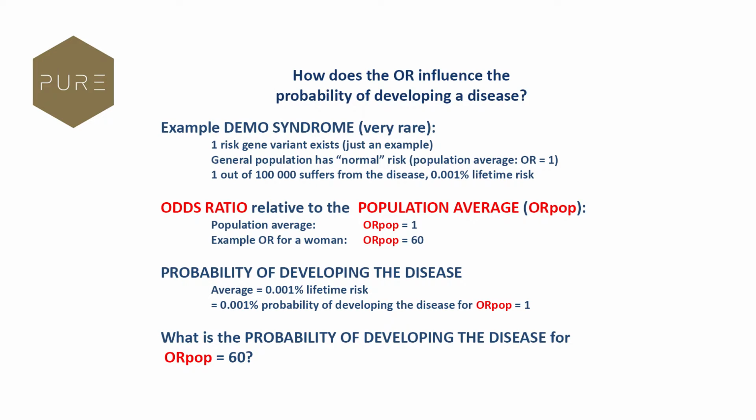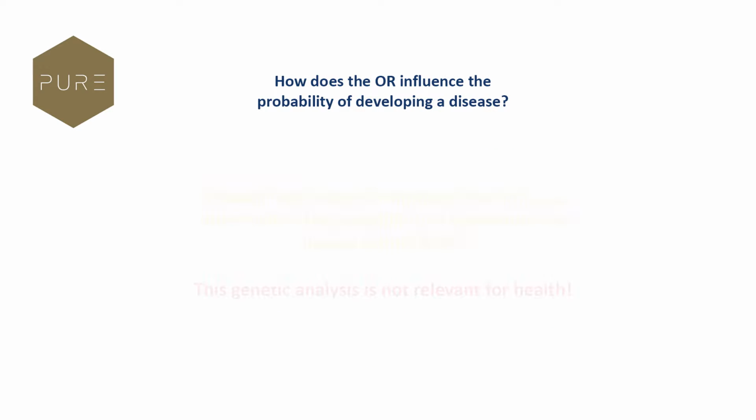If you now look at what the odds ratio of 60 means, it's similar to calculating 0.001 times 60, which is 0.06%. So even though she has an odds ratio of 60, which sounds very severe and dangerous, it's still a very low risk of developing the disease.